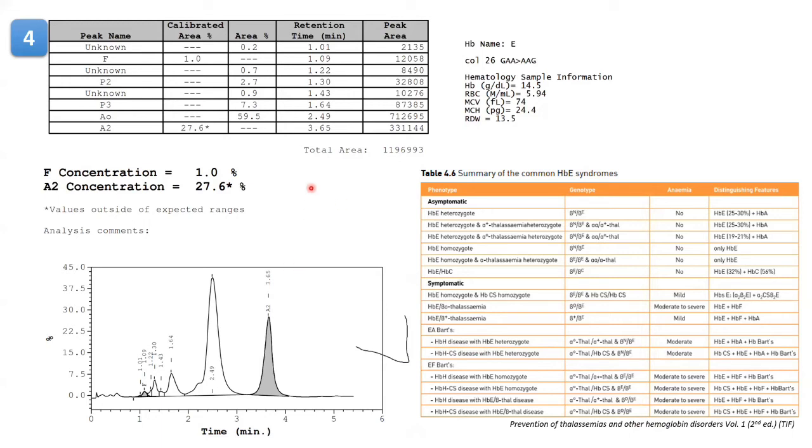If there is a homozygous hemoglobin E patient, adult hemoglobin won't be present. Most of the hemoglobin will come within the A2 region. That is one thing which you should know.